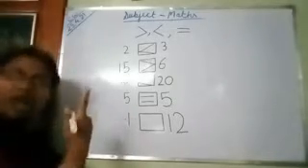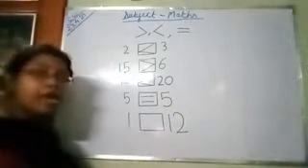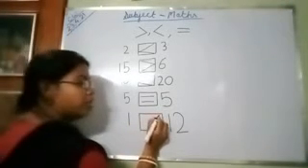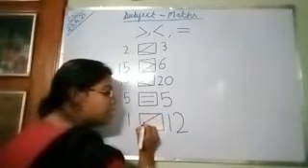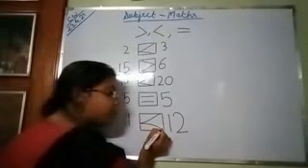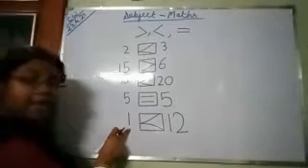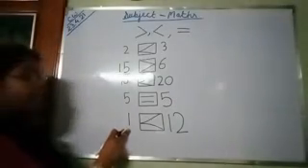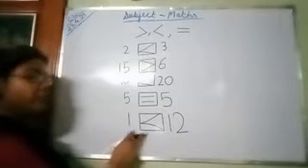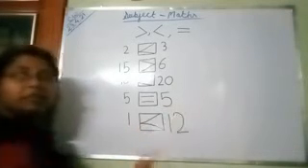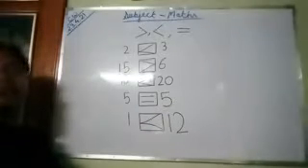Here it is only 1, and here it is 12. This side is bigger, not this side. So we will open our mouth on this side. And as this number is smaller, we will read 1 is less than 12.